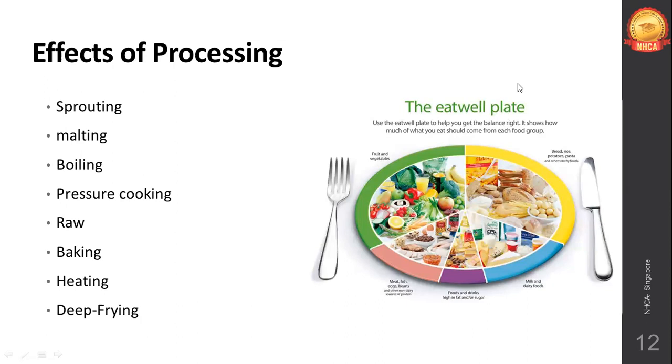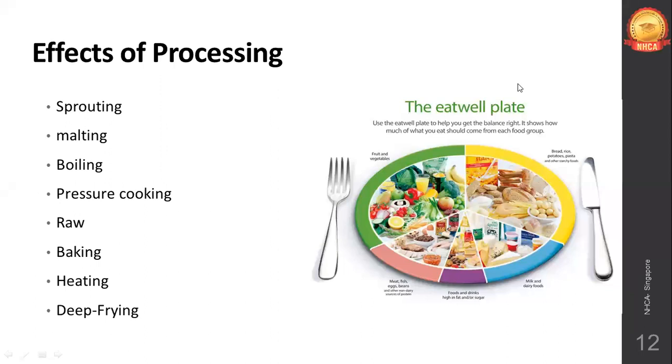Coming to the effects of processing food, how will you lose the antioxidant or how will you gain more antioxidant by processing your food? So sprouting and malting, in this process, you can increase the antioxidant level. Whenever you sprout a legume or go for malting the wheat, you are increasing its antioxidant level.